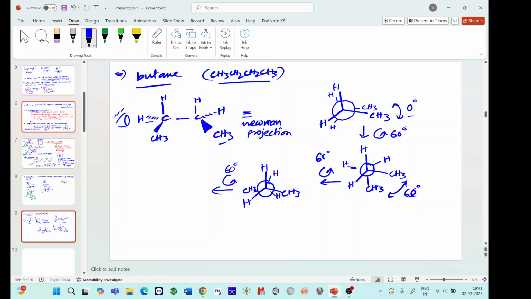So this is 0. This is 60. This is 120. This will be 180. Let me finish it. I'll write Me instead of CH3, the methyl group. Now if you rotate 60 again, it will come to this position.